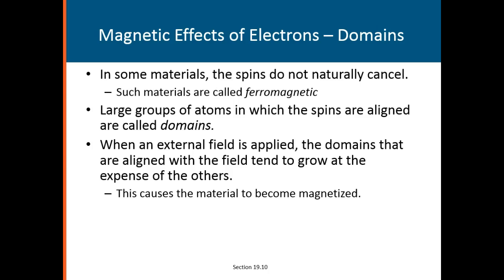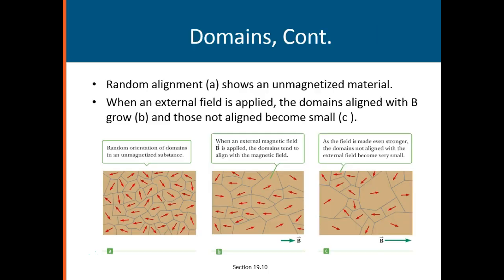When an external field is applied, the domains that are aligned with the field tend to grow at the expense of the others. That causes the material to become magnetized, okay? Now that magnetization could be somewhat permanent or mostly temporary. It just depends, and we'll talk about that a little bit later. Okay? So let's look at how those domains are.